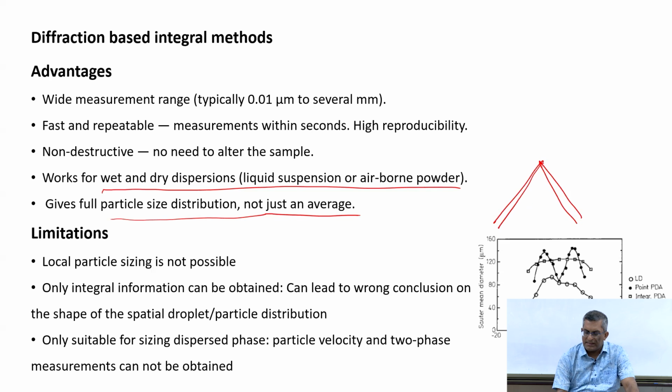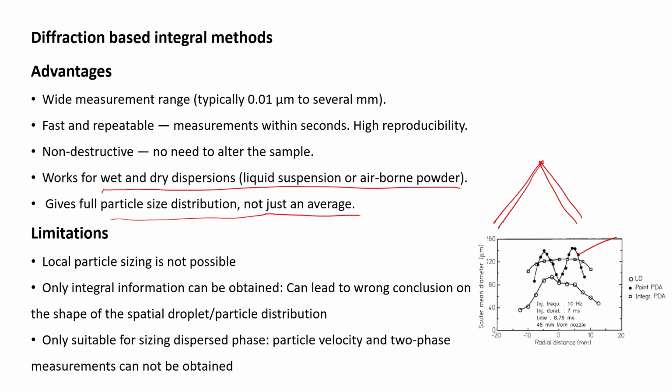So, in this case, when you take PDPA measurements, you get this. Here you see that the size distribution actually looks like this. Now if you integrate the PDPA measurement, you get this, and this is what is expected in the case of this technique. However, you get this. So, two things.